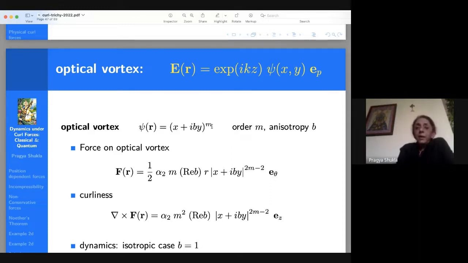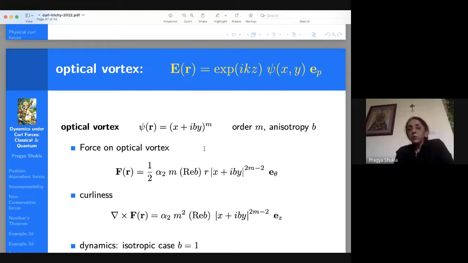If m appears here, this optical vortex is called an optical vortex of order m, and if b is 1, then it is called an isotropic optical vortex. If b is not 1, then it is called an anisotropic optical vortex. So far, this gives you the intensity of this electromagnetic field, or rather electric field.